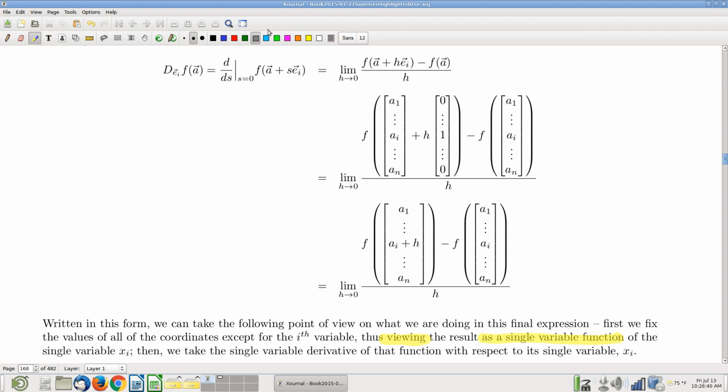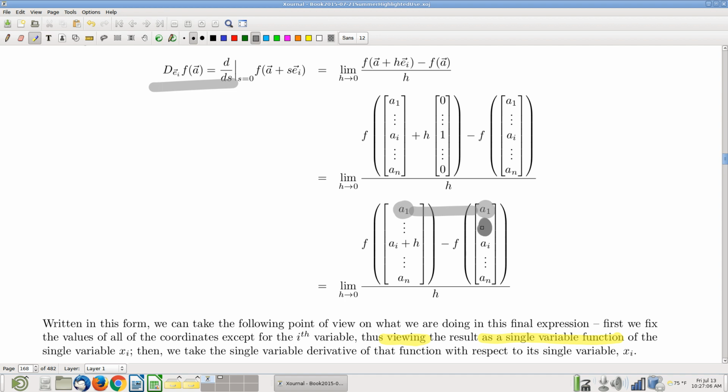And notice that the first coordinate starts at a_1, ends at a_1. That coordinate doesn't change. For the purposes of computing this directional derivative, the first coordinate is constant for the entire calculation of this very special directional derivative.